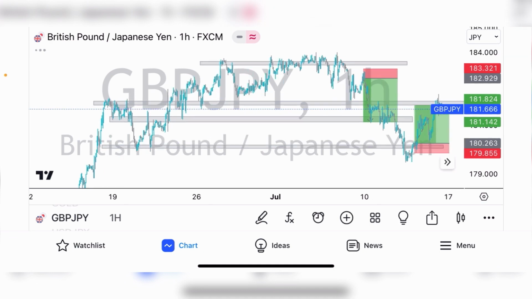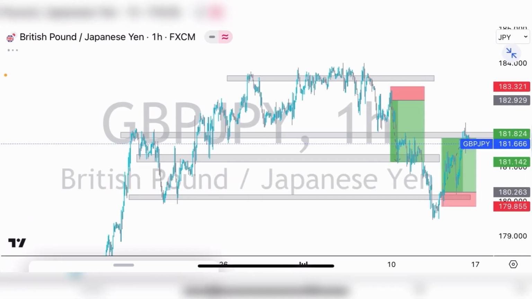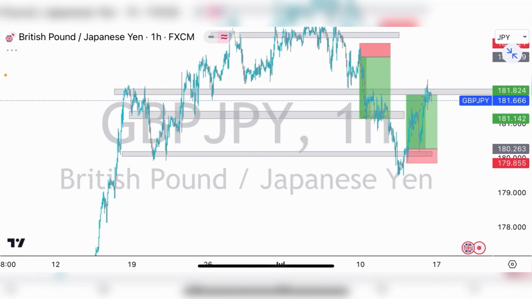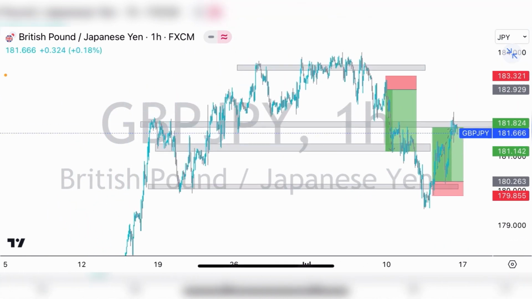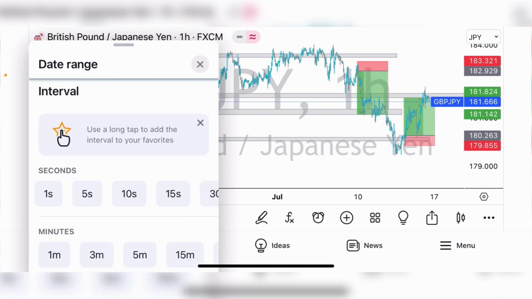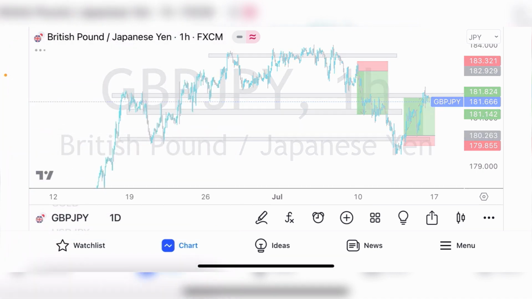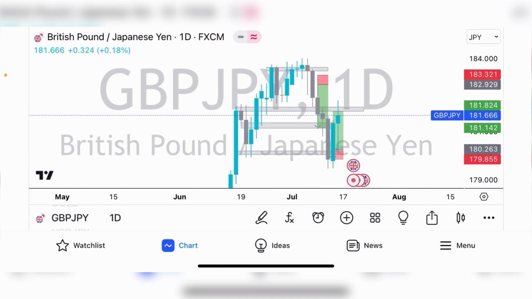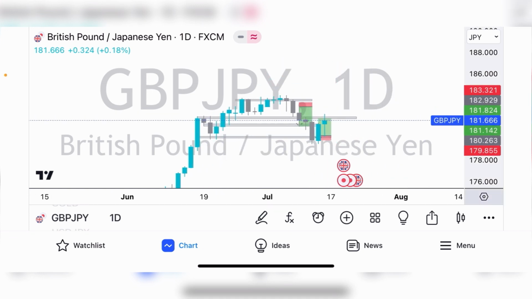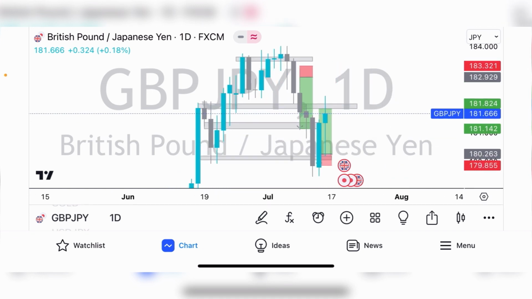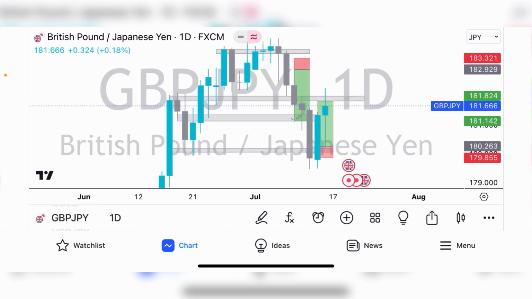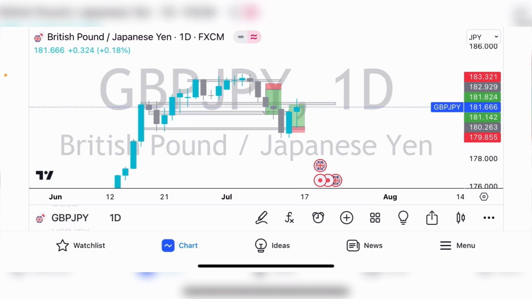So as you can see on GBPJPY, there's not much to look at. As you can see, I had already analyzed. Actually, we can go to the 1 day time frame. As we go to the daily time frame, you can see that GBPJPY is creating some sort of head and shoulder structure.